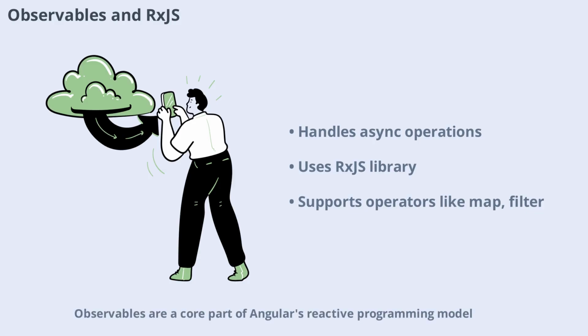Observables are a core part of Angular's reactive programming model, used for handling asynchronous operations like HTTP requests and event streams. Powered by the RxJS library, observables emit values over time and support powerful operators for data transformation.